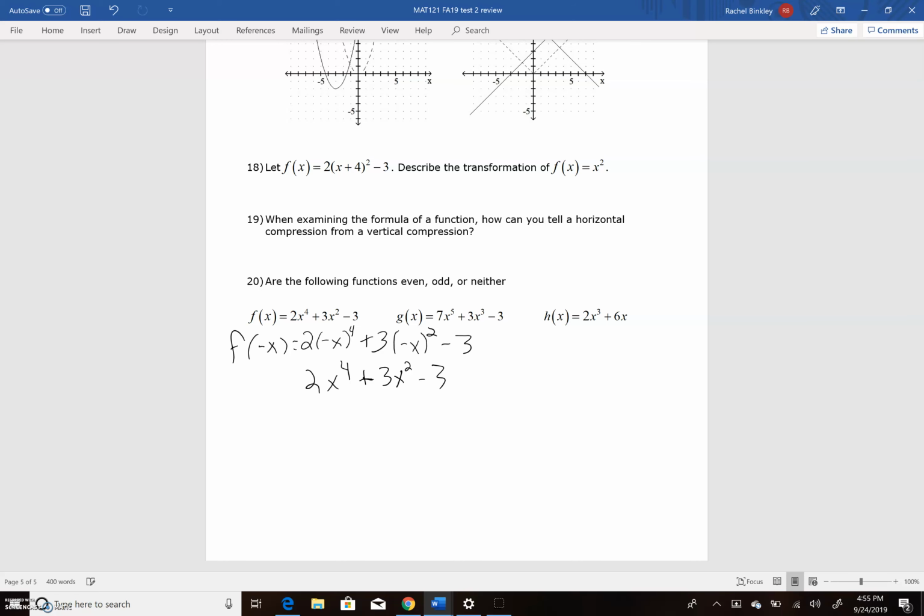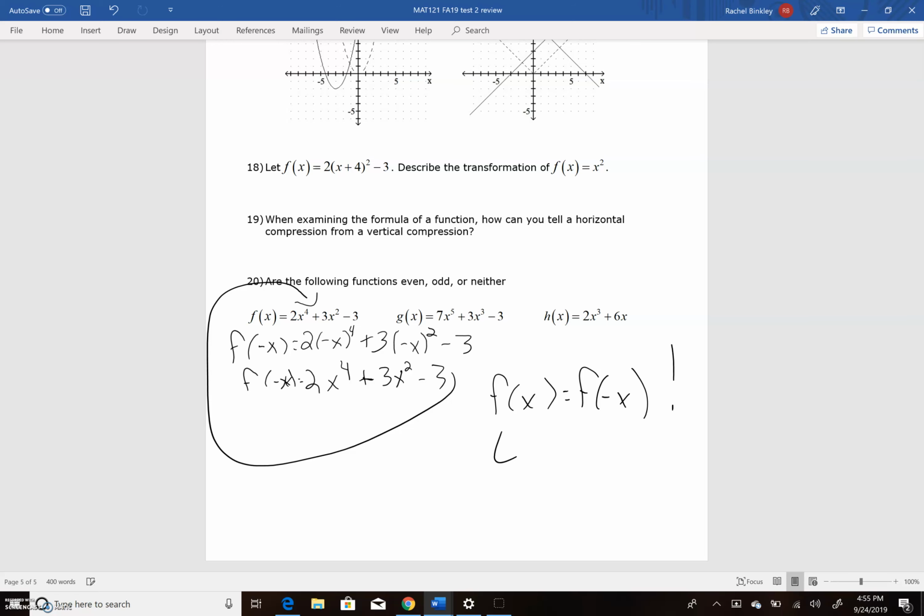What we get when we input negative x is the same exact thing that we get if we input positive x. If f of x is equal to f of negative x, then we know that these are even functions, okay?